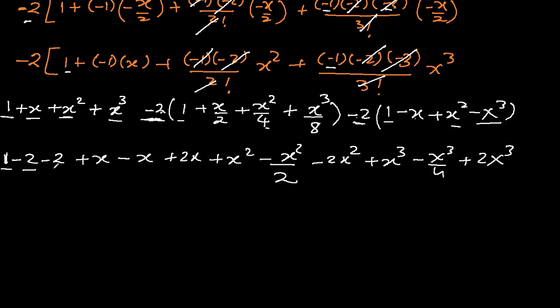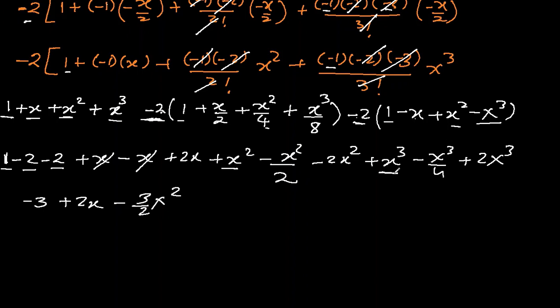So 1 minus 2 minus 2 will be minus 3. x minus x cancel. 2x. x square minus x square over 2 will be x square over 2 positive. So minus 2 will be minus 3 over 2 x square.